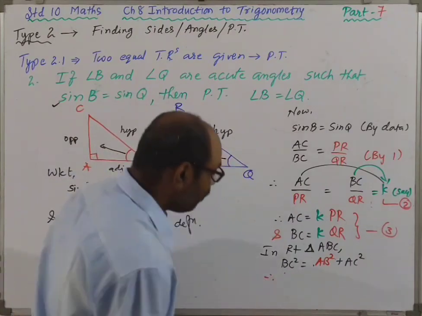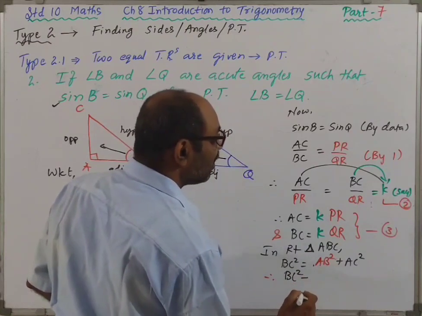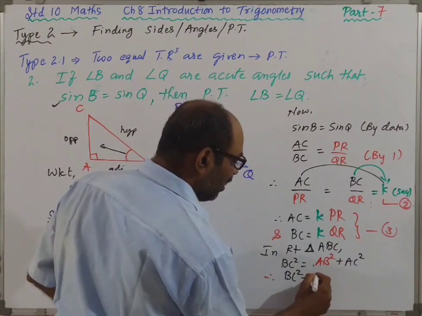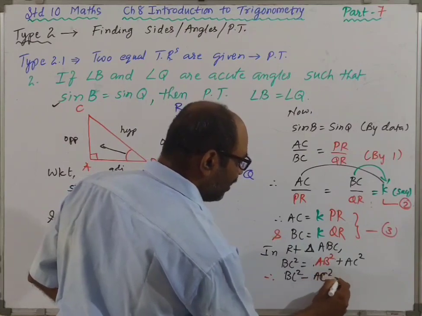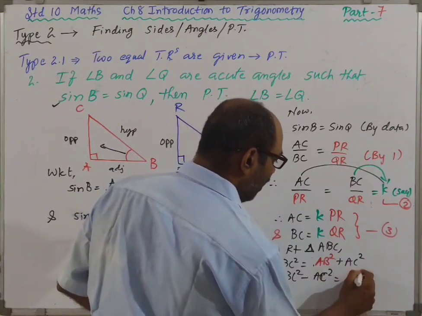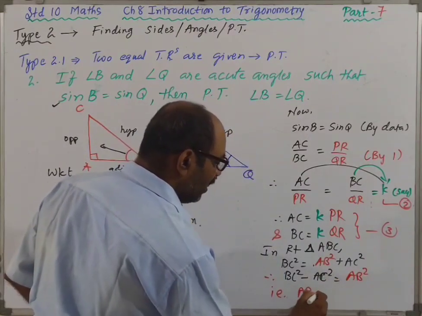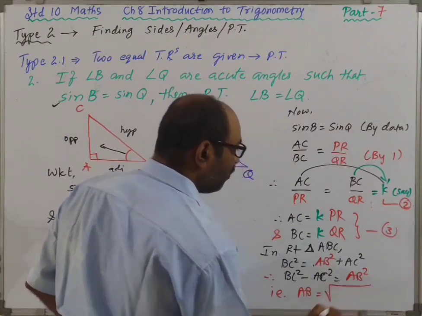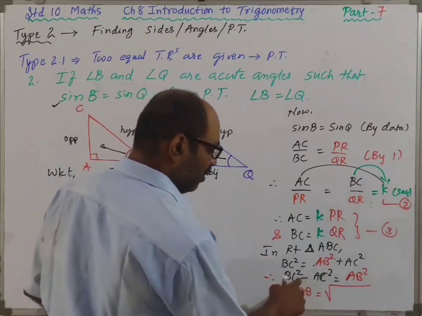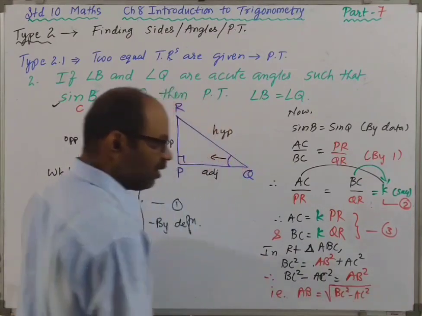Therefore, BC square minus AC square is equal to AB square, i.e. AB is equal to square root of BC square minus AC square.